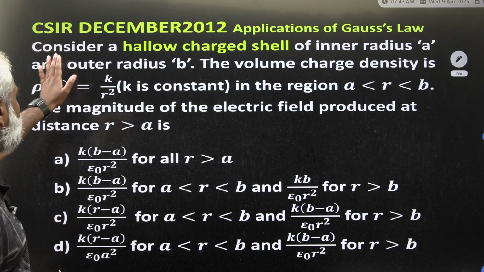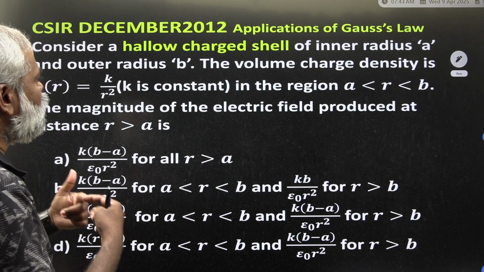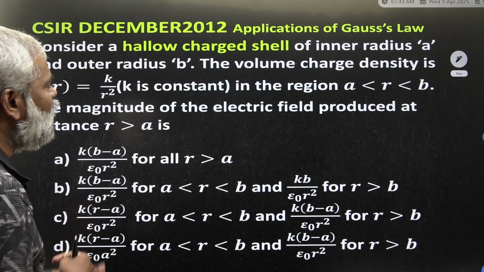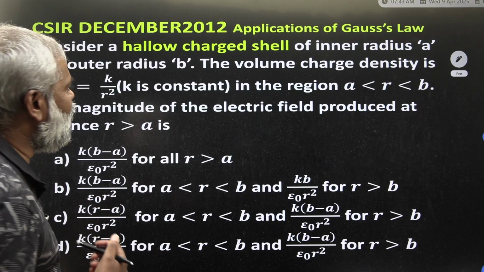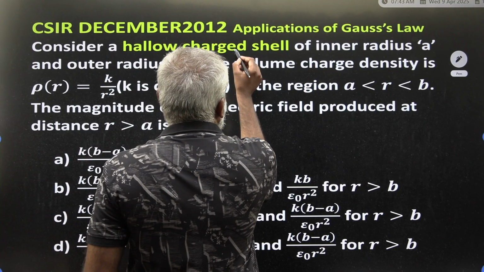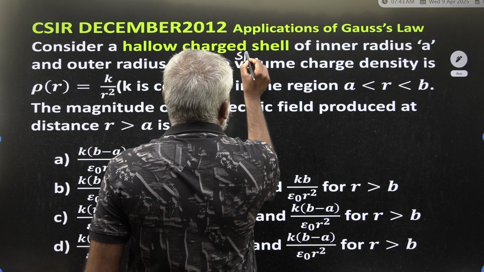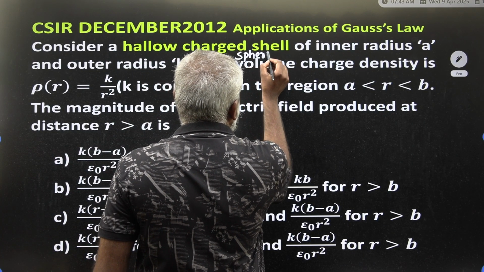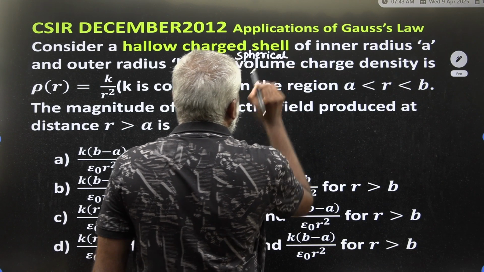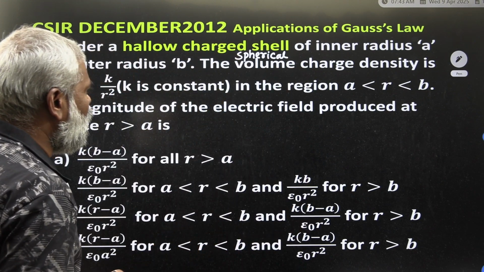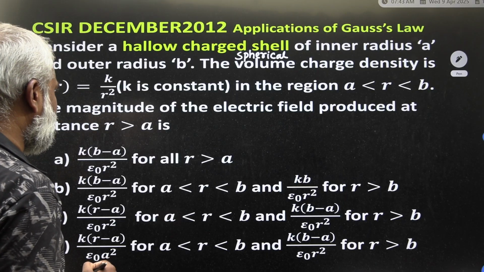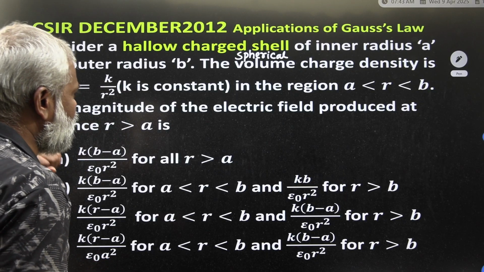Now you are able to see, consider a hollow charged spherical shell. Consider a hollow charged spherical shell of inner radius a and outer radius b.